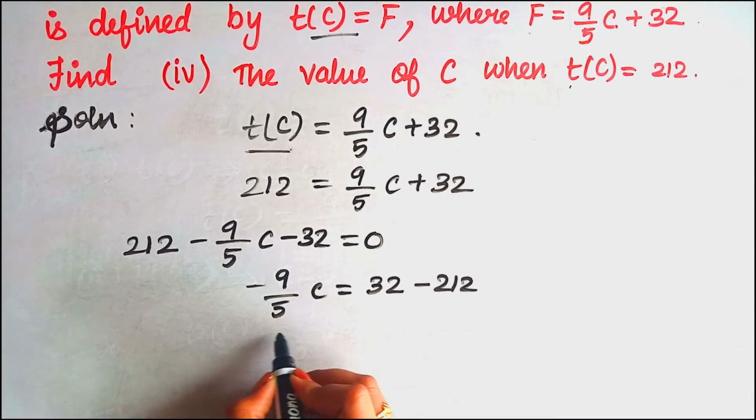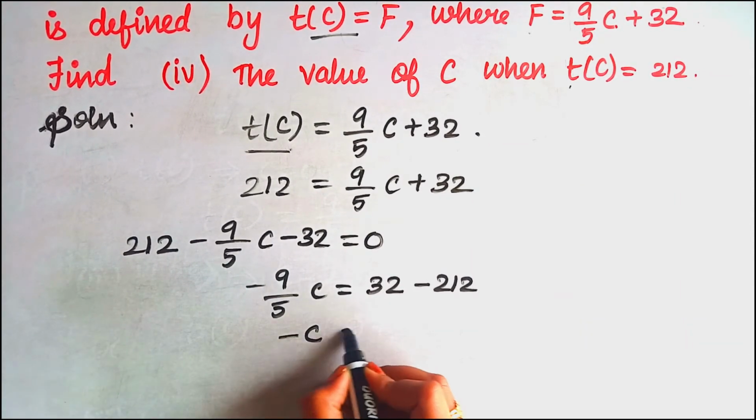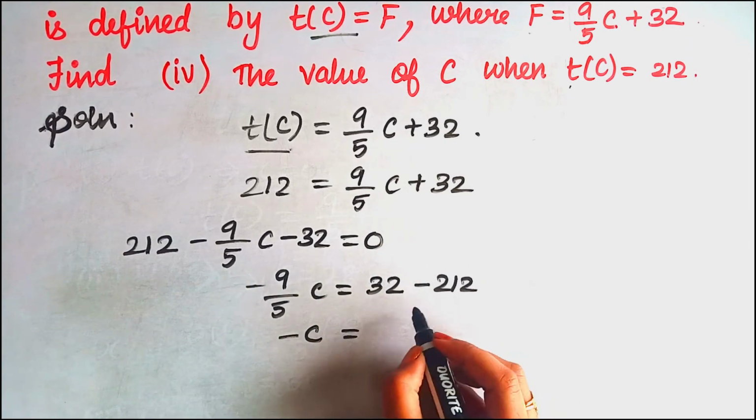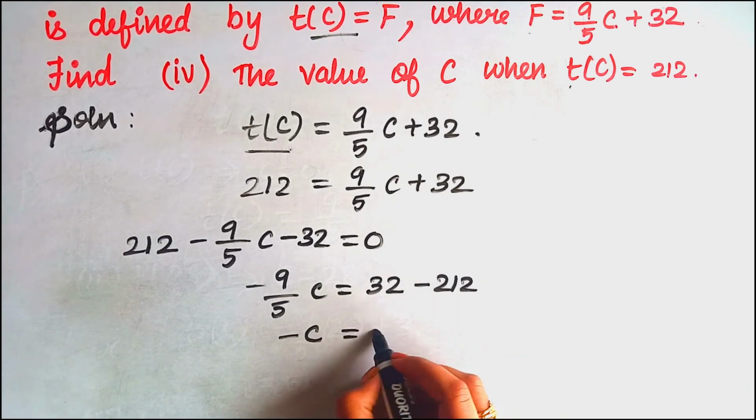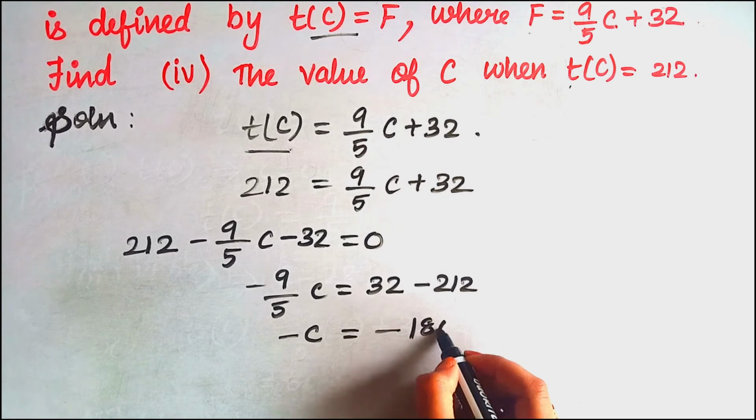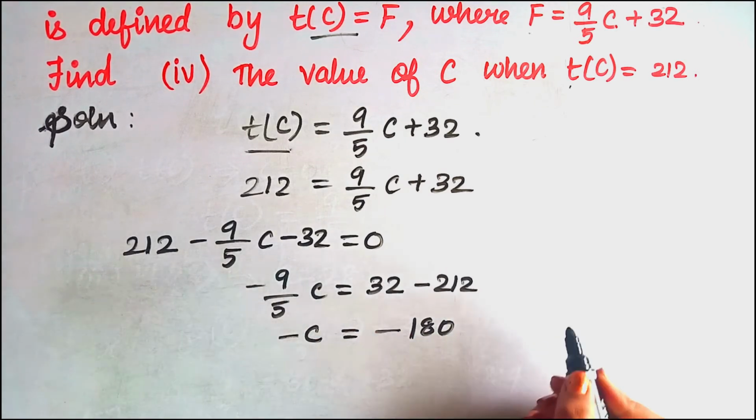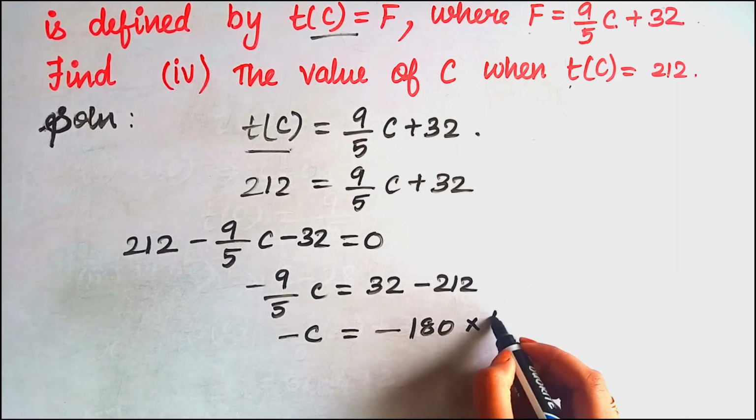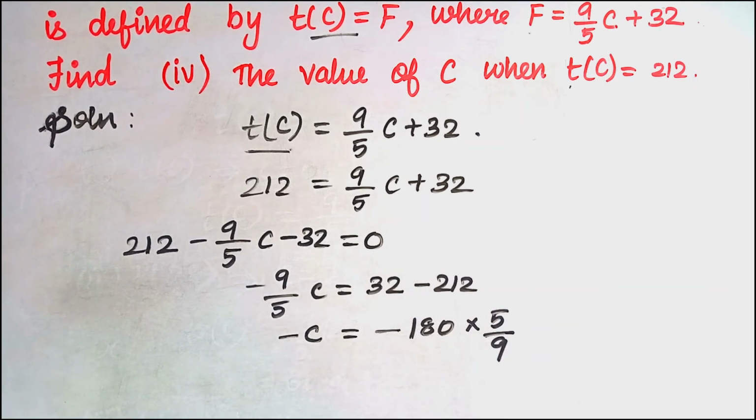And now here it will be minus c into, if we add it, we'll get minus 180, and then 9 by 5 will go that side as 5 by 9, right?